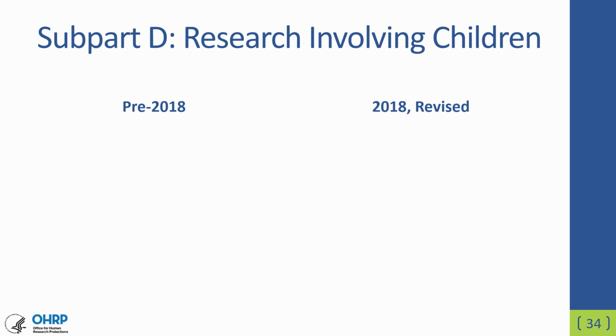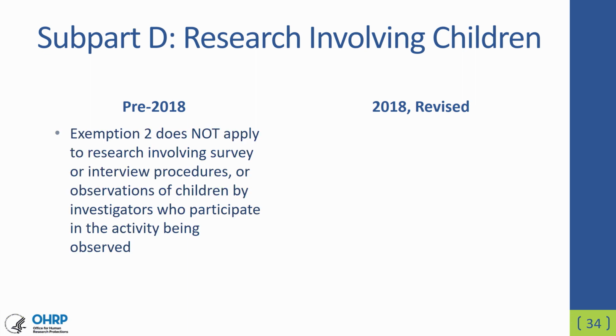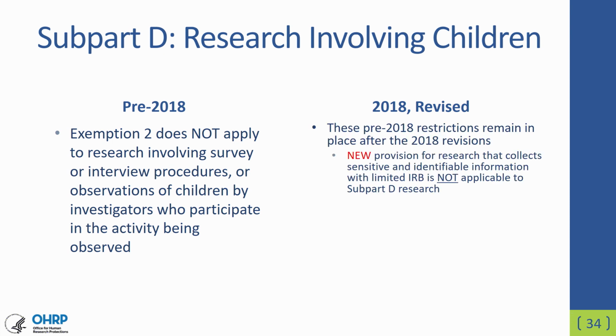Next, let's look at Subpart D, or research involving children. Under the Pre-2018 Common Rule, Exemption 2 does not apply to research involving survey or interview of children, or the observation of children in activities that the investigators are participating in. These restrictions remain in place in the revised Common Rule.